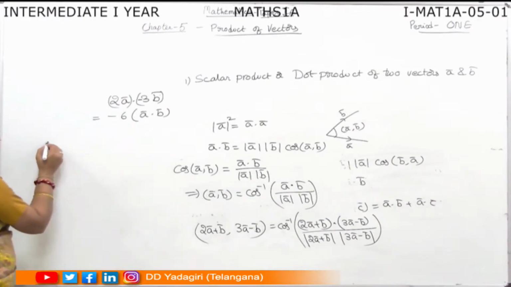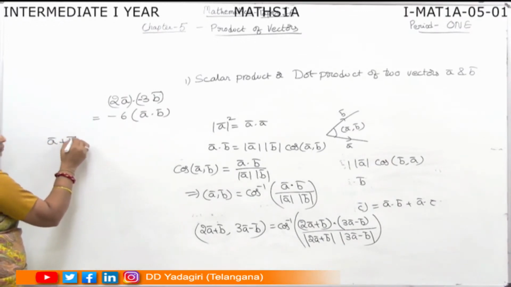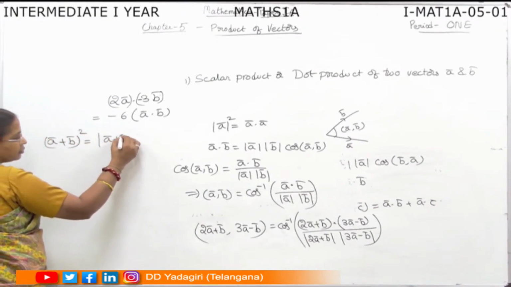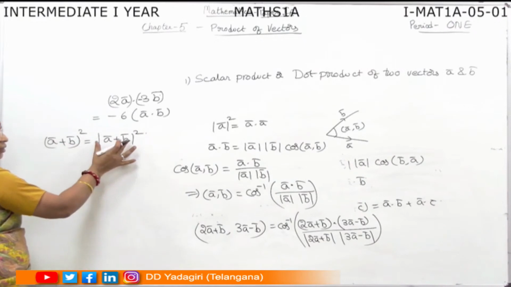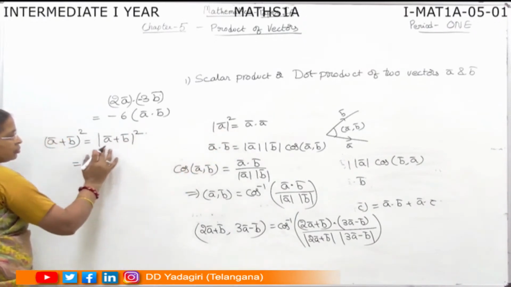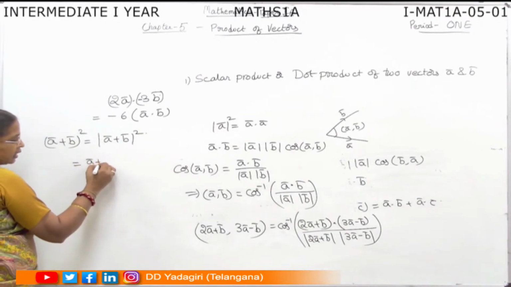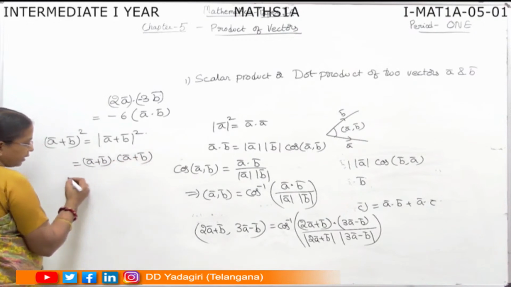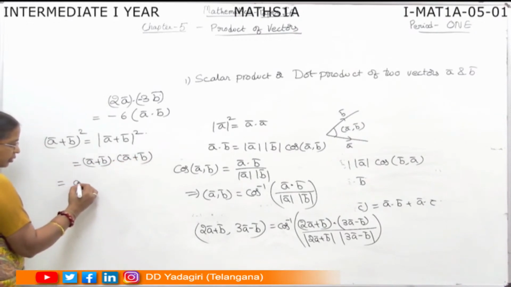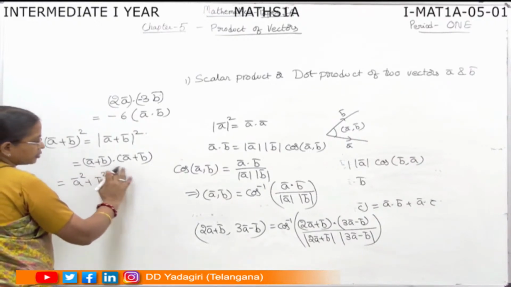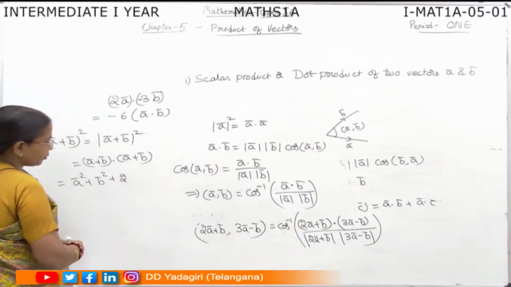Next we have these identities. A plus B whole square is the same as mod A plus B whole square. When you are squaring, you can write in this form, and as you know, mod A square is this, no? So mod A plus B whole square is A plus B dot A plus B, which is equal to, expand this, A square plus B square plus 2A dot B. Or else you can use the distributive property.